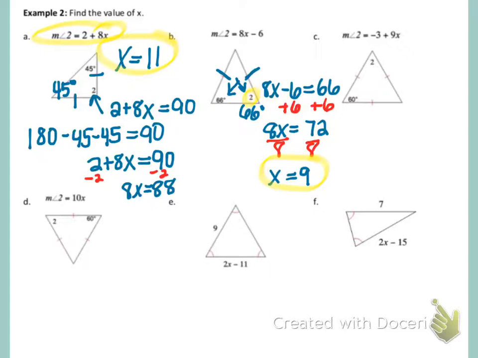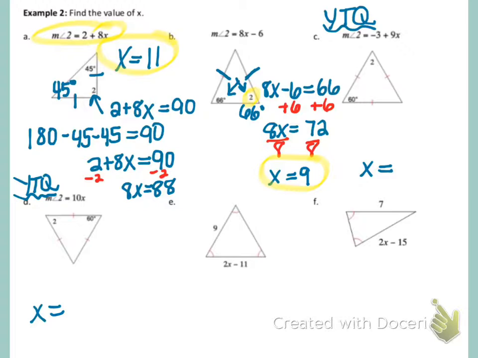So this is a good time for some you-try questions. So we're going to go ahead and designate C and D to be you-try questions. Okay. And in each one, you're going to find the value of x. So when you're done, you're going to be able to say x equals blank, whatever that might be, using the facts that you see labeled on the triangles.